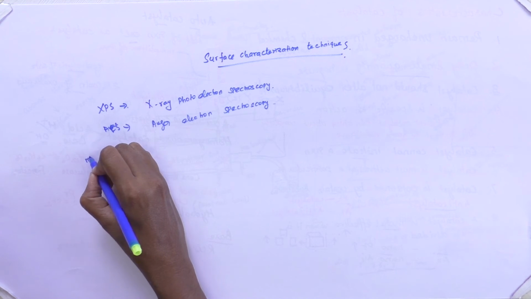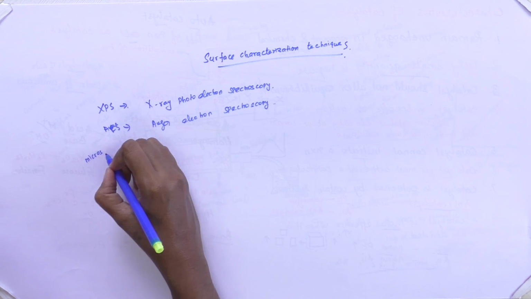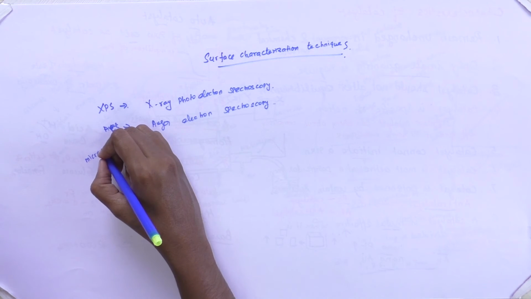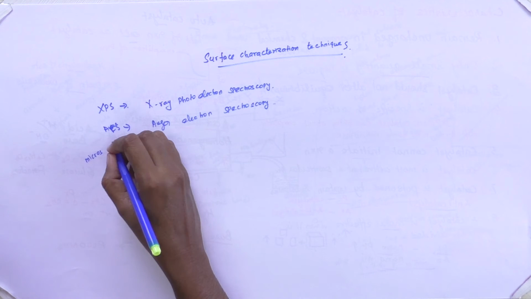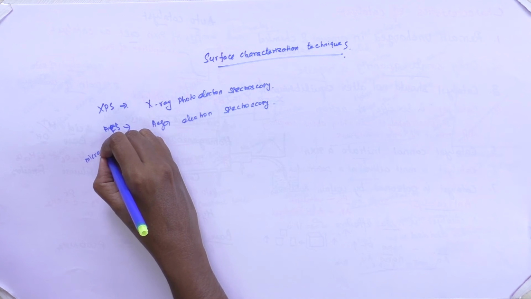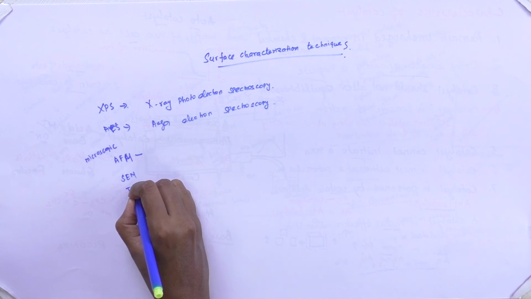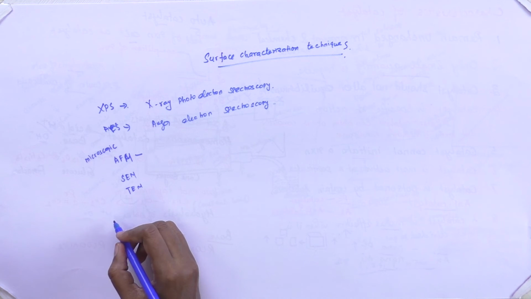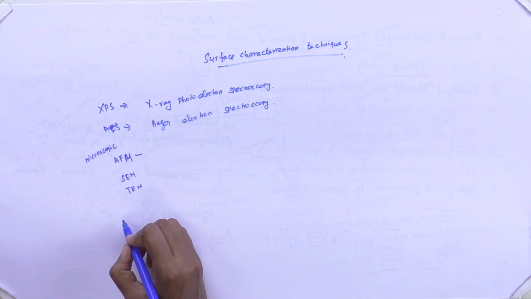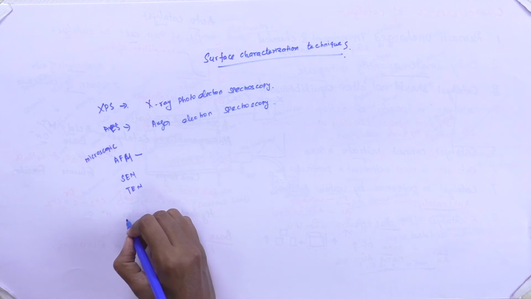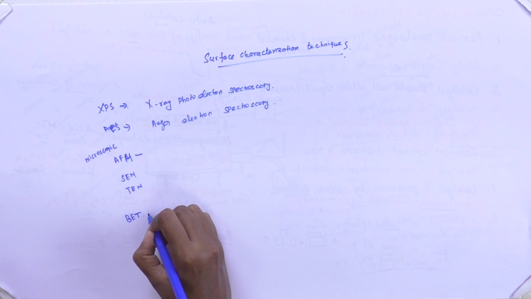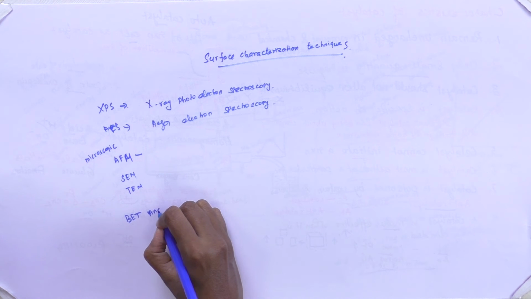And then in microscopic methods we are using some microscopic techniques to analyze the surface morphology of materials: AFM, SEM and TEM. And to analyze the pore size of a selected material, we are using the BET analysis method.